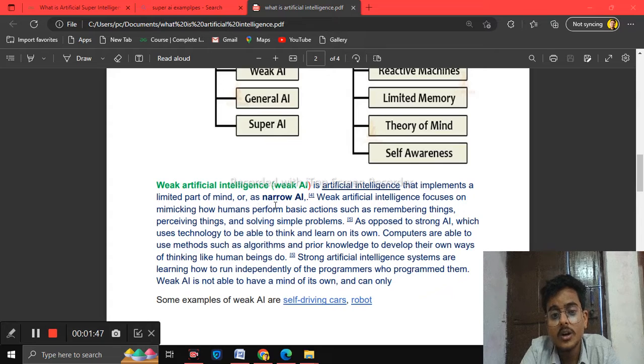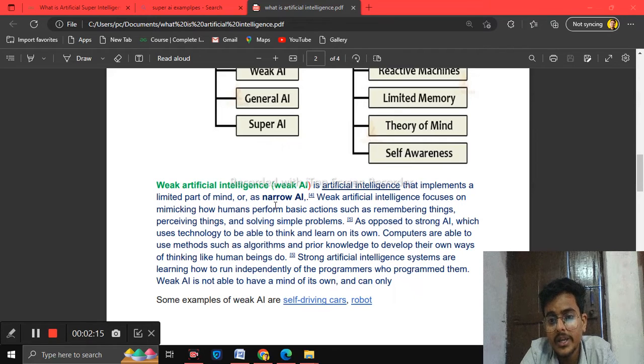There is not a lot of memory in this weak AI. It has a limited part of memory. For example, if you have a 1 kg bucket and there is only 150 gram sugar, then that is a limited part of mind. A small part of mind is weak AI.